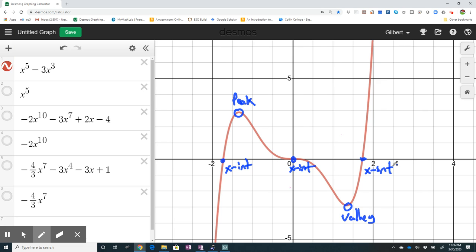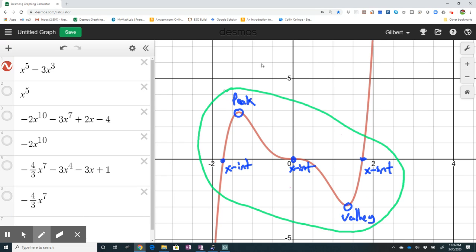Now, all of this is what we call the local behavior. This is just the cloud of stuff. Basically, yes, it's important. It determines the shape of our graph.